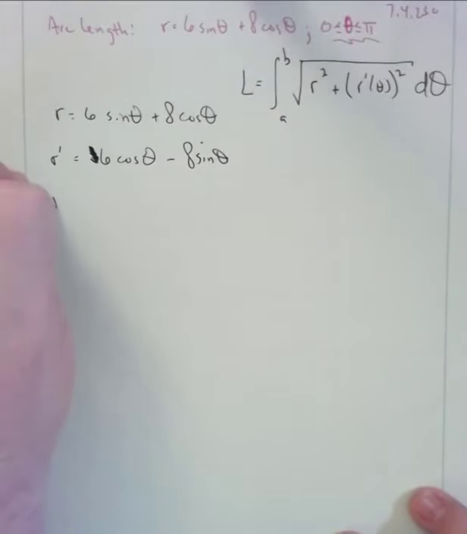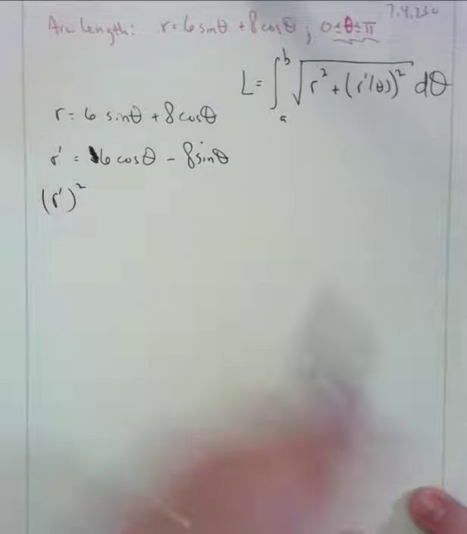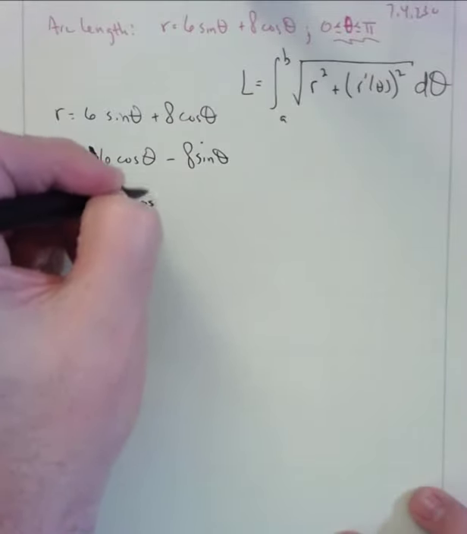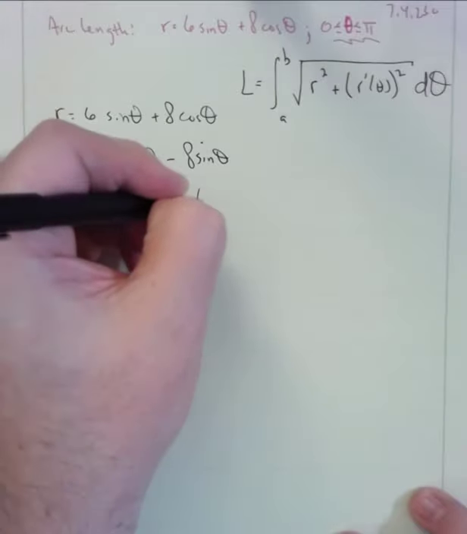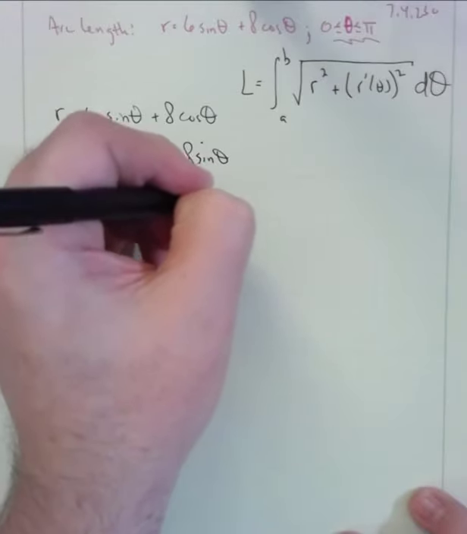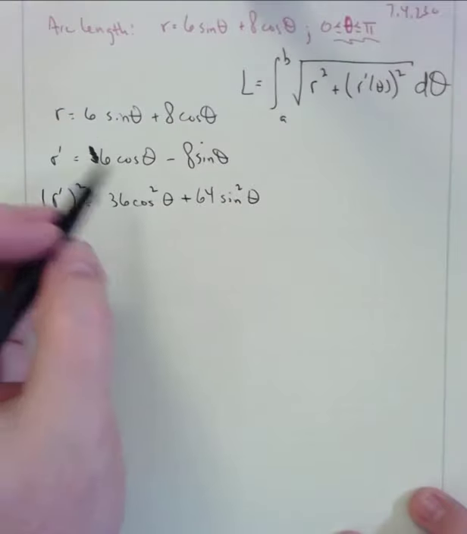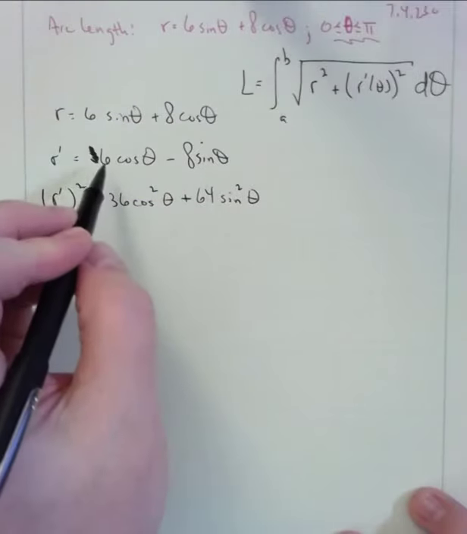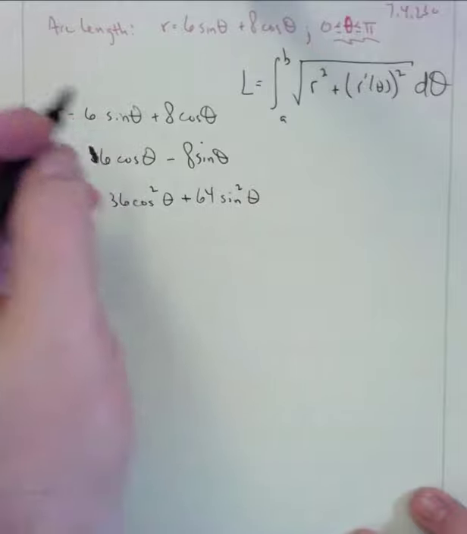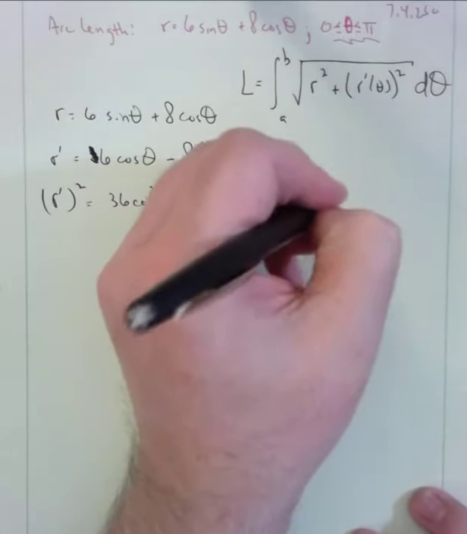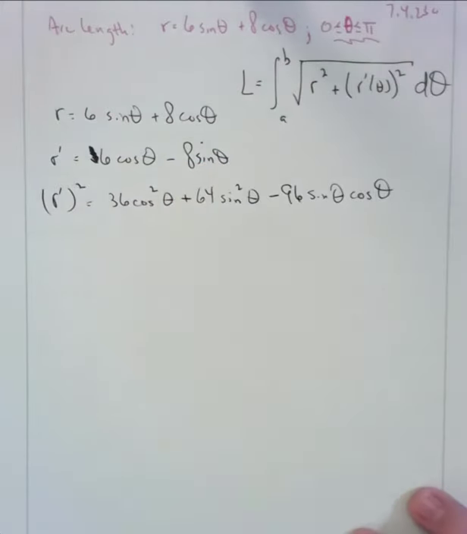So r prime squared, now we're going to have 36 cosine squared theta plus 64 sine squared theta, and don't forget those cross terms. 8 times 6 is 48, 2 of those is 96, so minus 96 sine theta cosine theta.